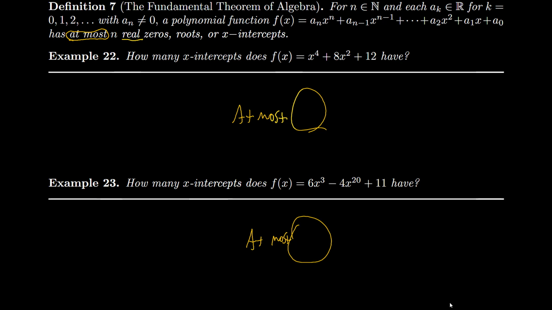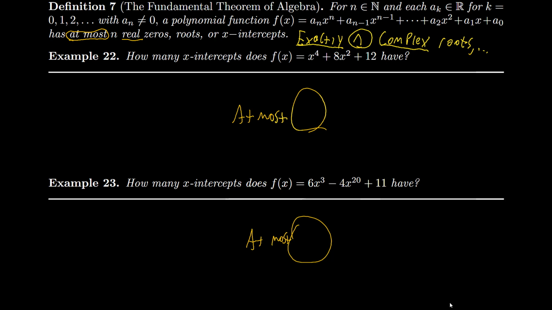Okay? It has exactly n complex roots, zeros, or x-intercepts, which we'll talk about in the future. But for now, we're going to say it has at most n real zeros.